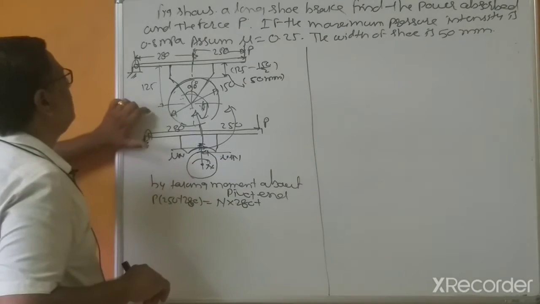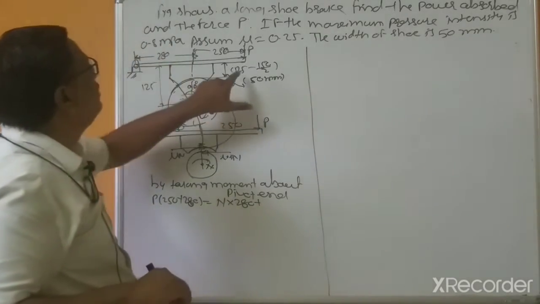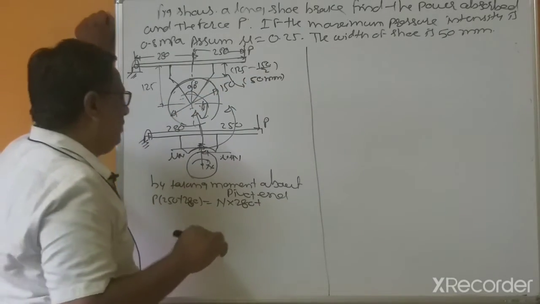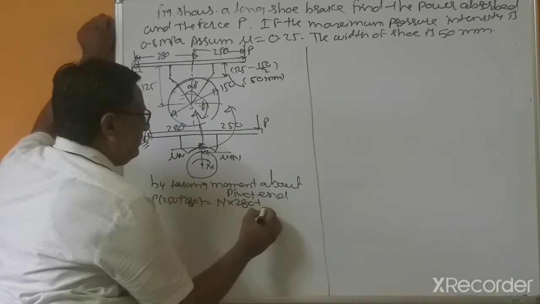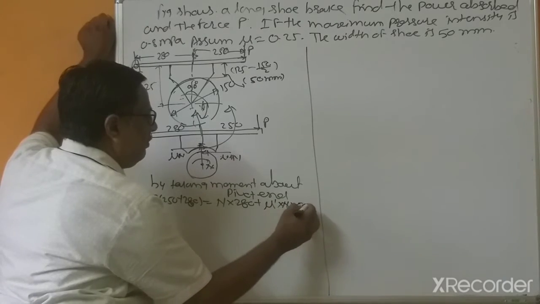Try to understand this: this is 75 and the total is 125, so 125 minus 75 becomes 50. So 50 mu N. Here we use the equivalent coefficient of friction multiplied by 50.